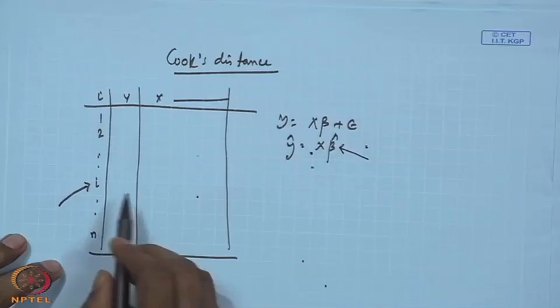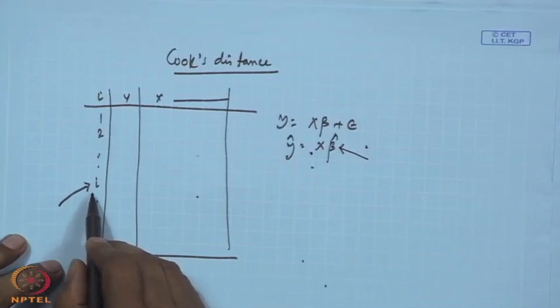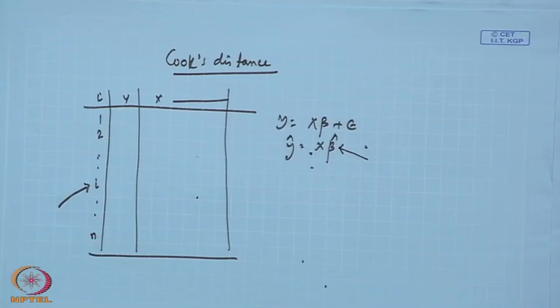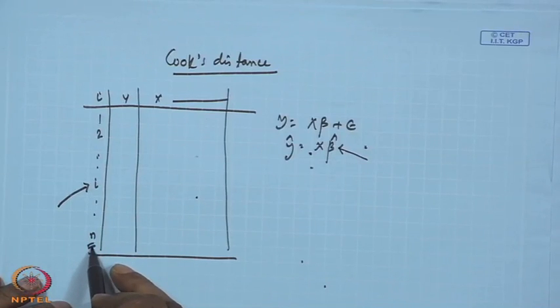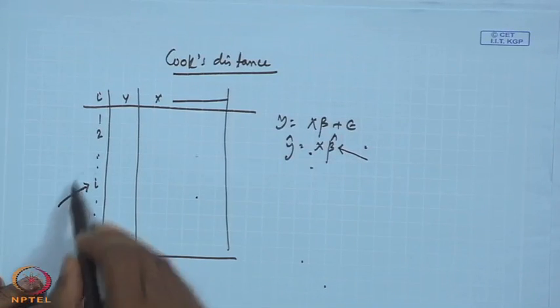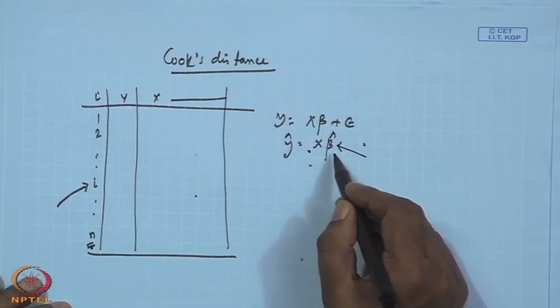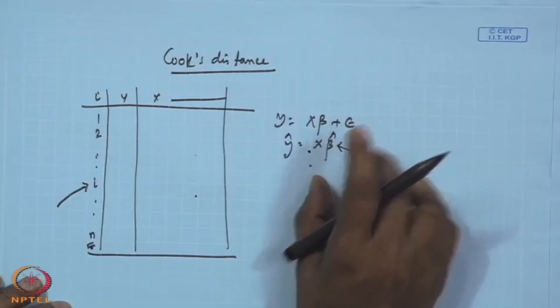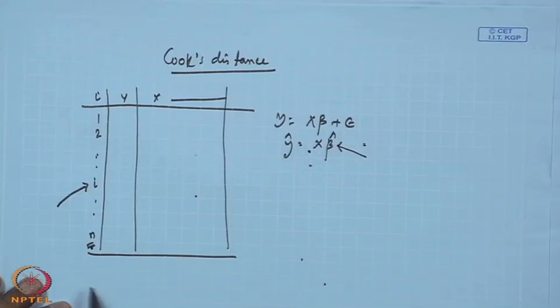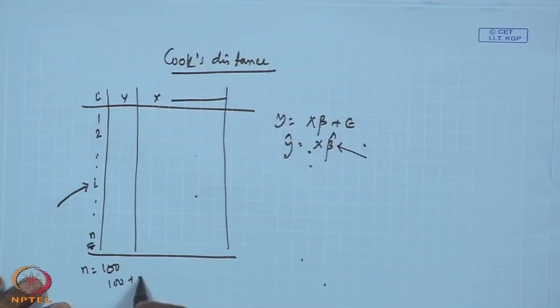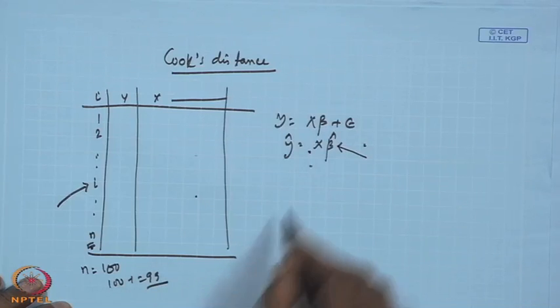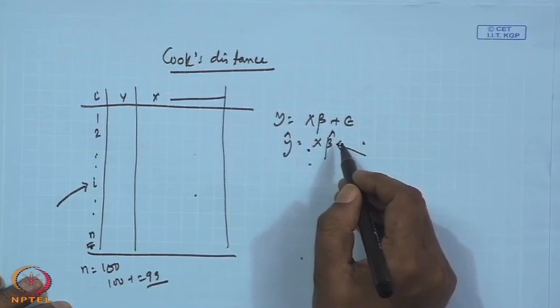Now, if i belongs to the general mass, then what will happen, as n is quite large, if you eliminate one observation, there will be almost no difference in the beta estimate, because if I take n equal to 100 or 100 minus 1, that is 99, then this estimate should not be distorted.